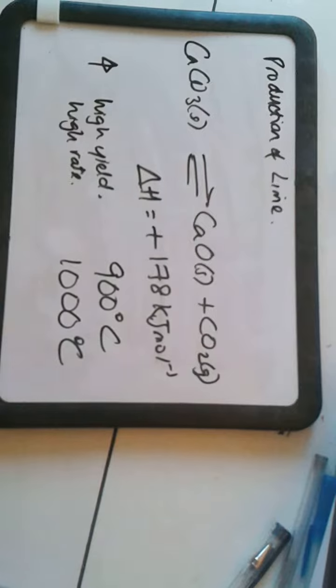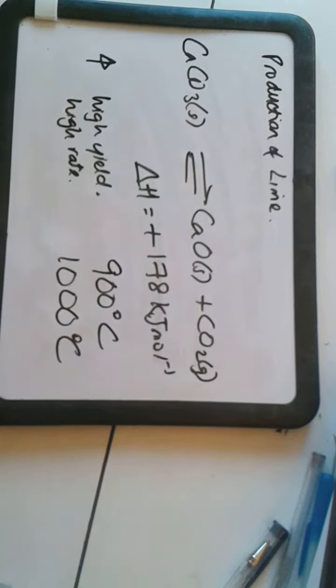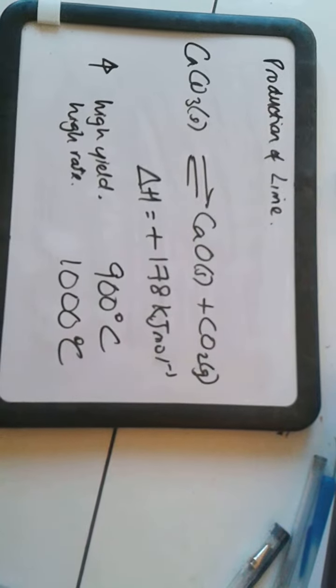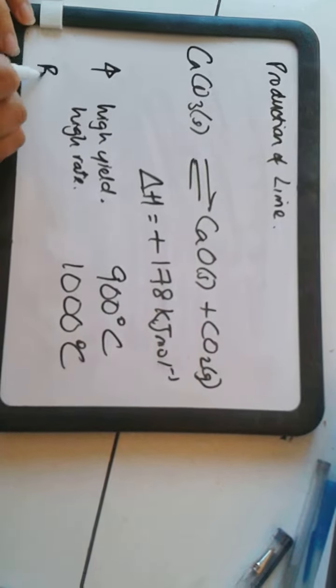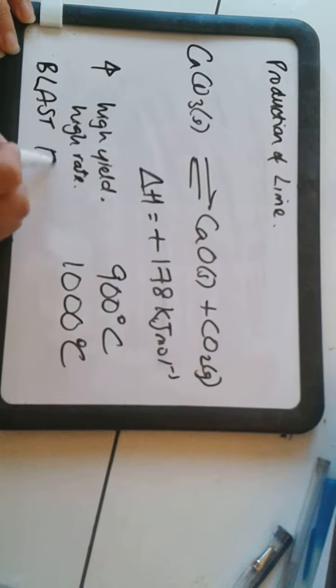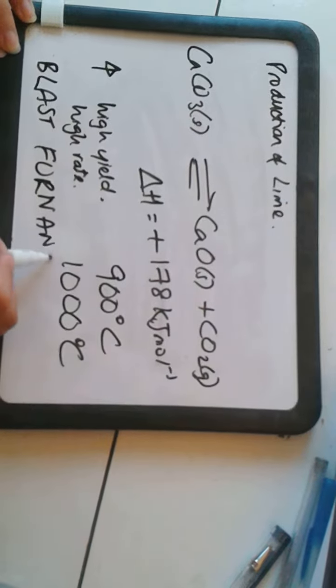As I said, this is a cheat because students won't study lime production as an important industrial process, but at Edexcel, AQA will do the blast furnace, which, if you remember, is the extraction of iron.